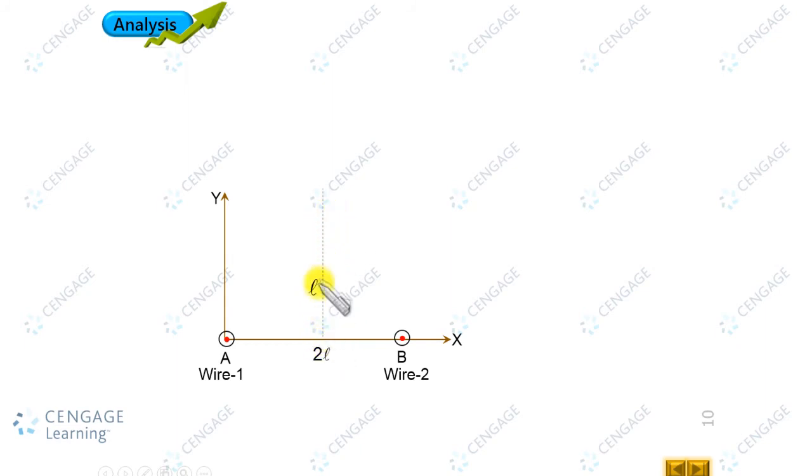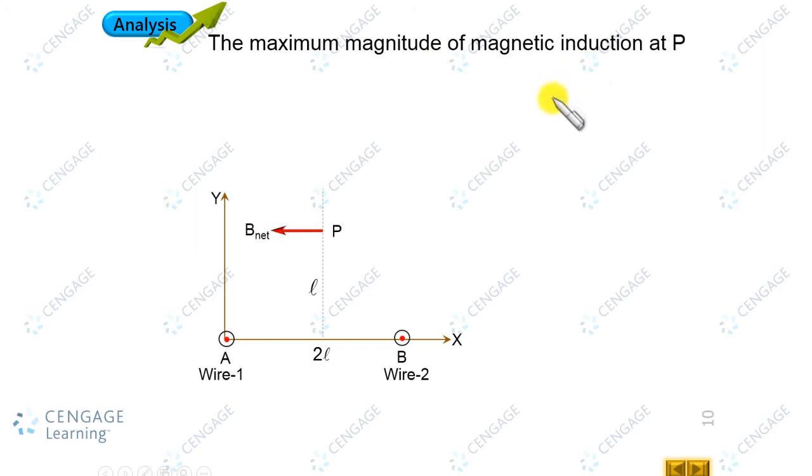Here at a distance L, we have the maximum magnitude of the magnetic field and we have this relation. The maximum magnitude of the magnetic field is equal to mu naught I divided by 2 pi L. Okay. The third wire is to be placed at this position, which is parallel to these two wires in the symmetrical plane. So we have placed the third wire.